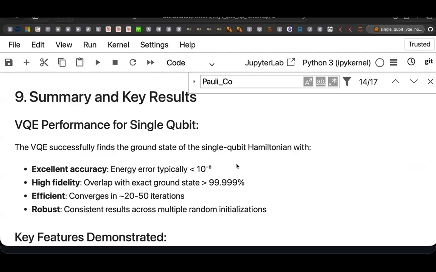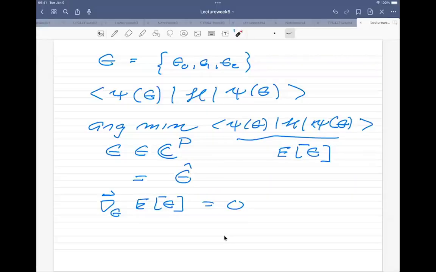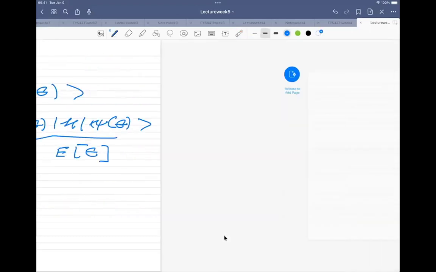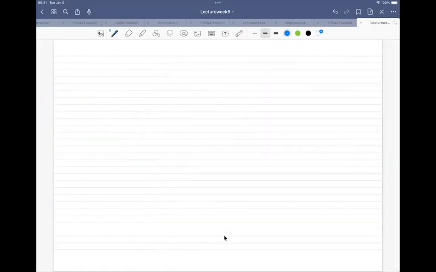And one of the first missing ingredients is actually the calculation of the gradients. So let me just set this up by going back a little bit to the whiteboard so that we can look at some of the more important details which we need to set up. So let me bring back the whiteboard here. In this specific example, what we have not done is to calculate the gradient properly.